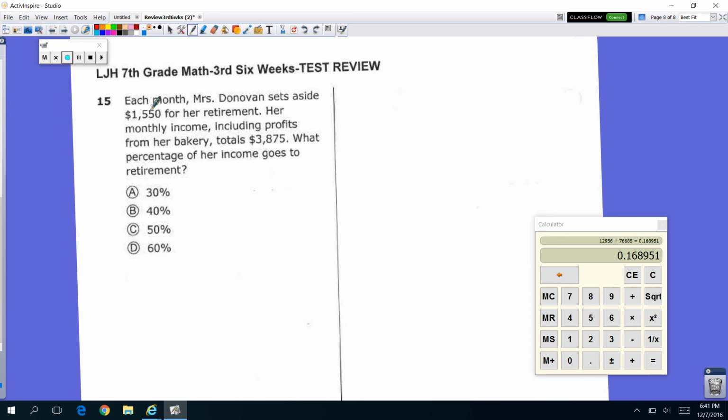He's saving 1,550. This is the part, and the total income is this much. So this is the whole, that's the part. So the whole is the denominator, and the part is the numerator. And that's how you find a percentage.